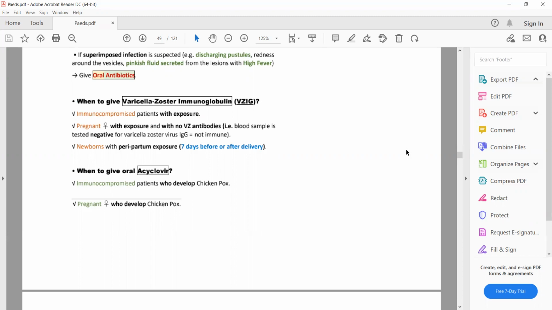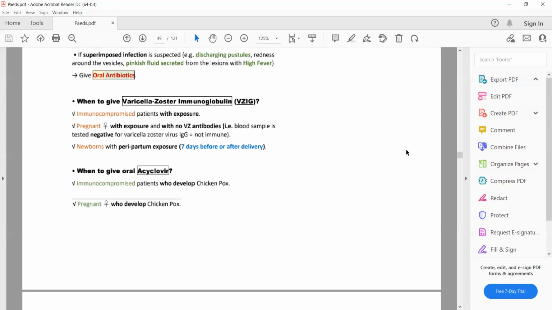So if an immunocompromised patient, such as a patient with HIV or a patient undergoing chemotherapy, or a pregnant female or a newborn, is exposed to varicella zoster virus, then first of all, we'll need to check IV immunoglobulins, IgG against varicella zoster.